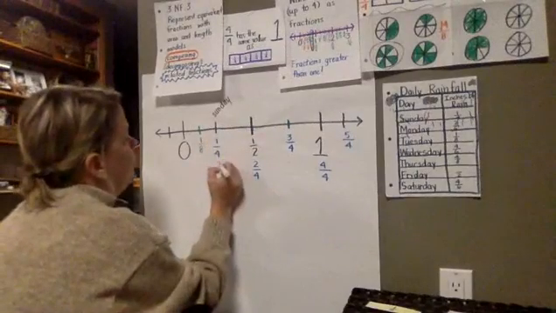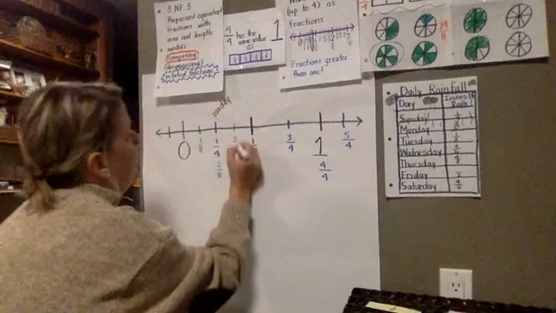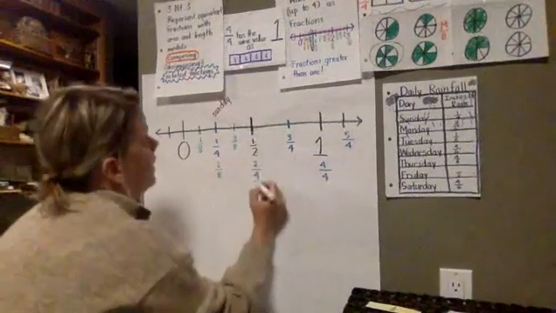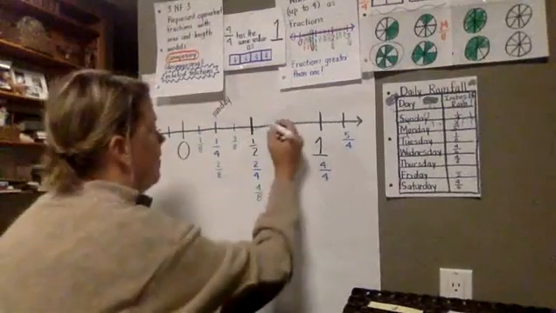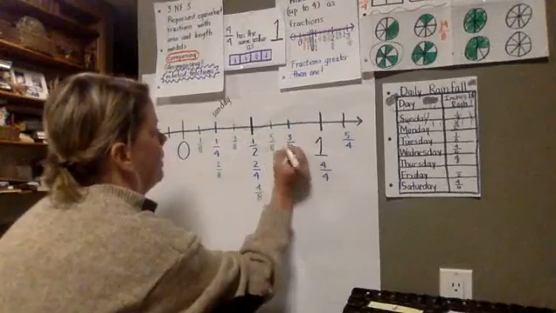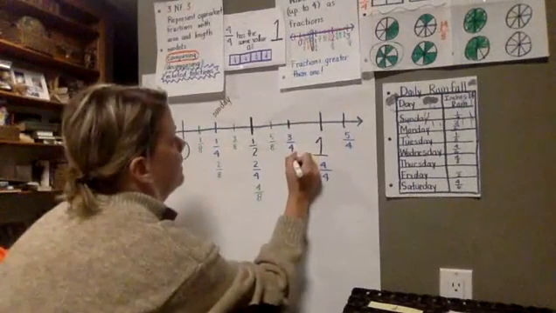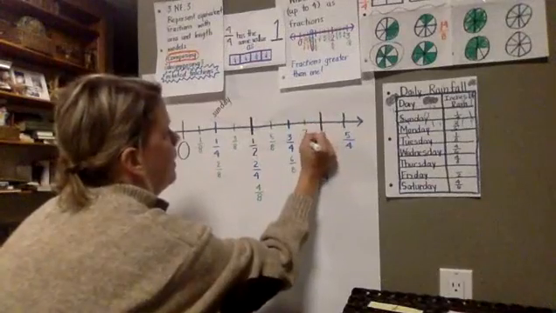This would be 2/8. This would be 3/8. This would be 4/8. This would be 5/8. This one would be 6/8. This would be 7/8.